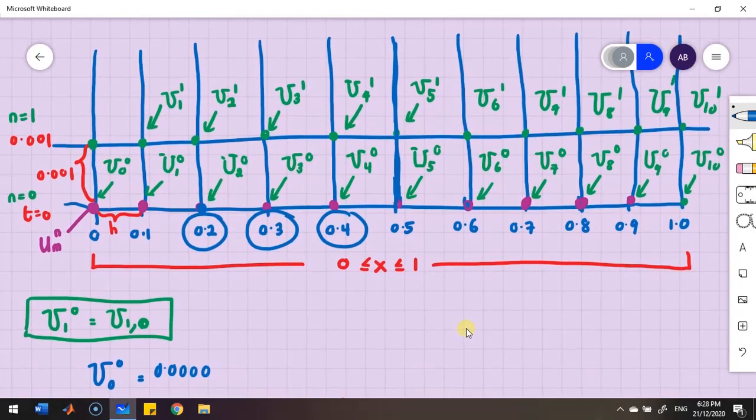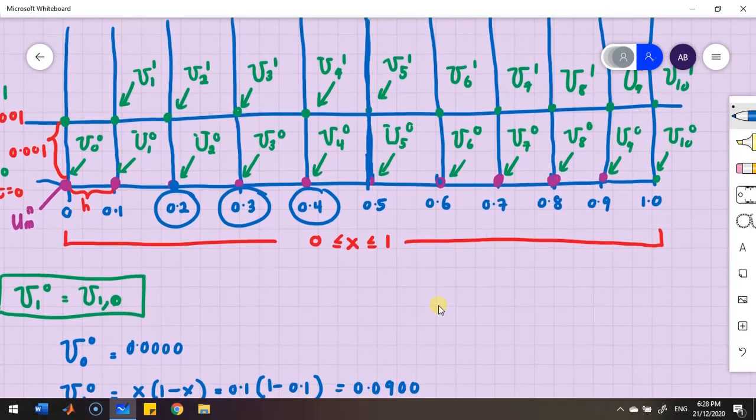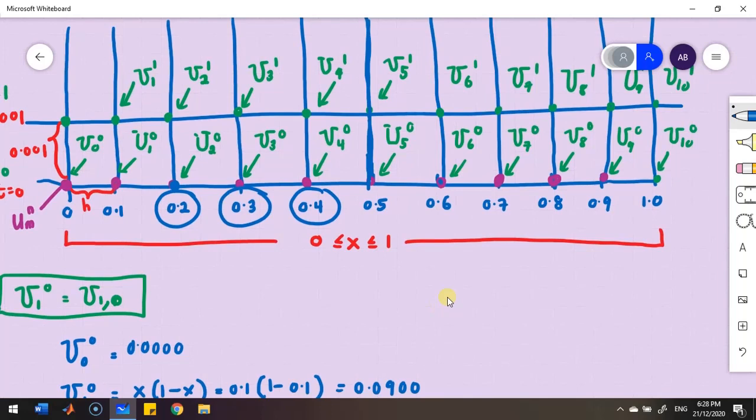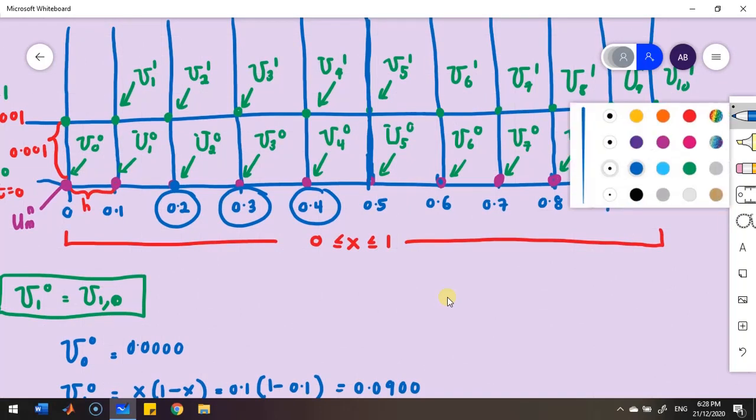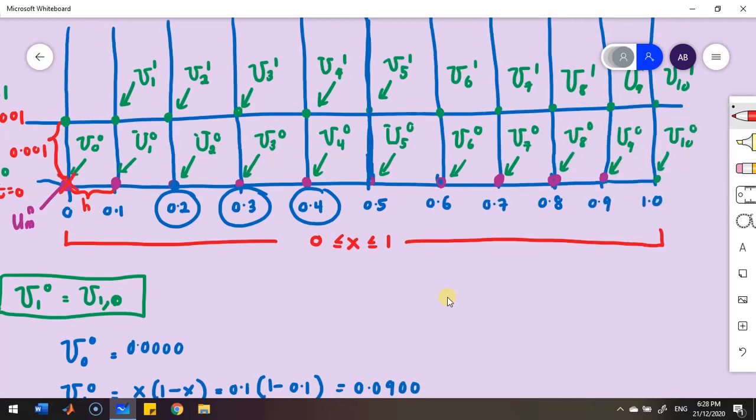I have obtained the values for all these points, for t equals to 0. All these values here are at t equals to 0. Now can I find the value of this one for U11?